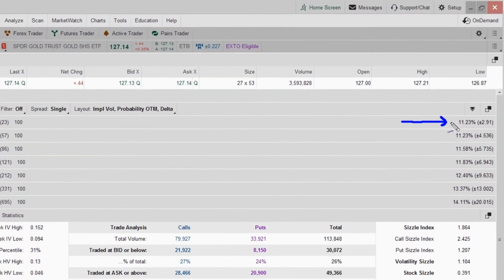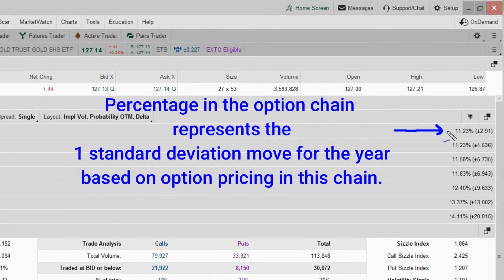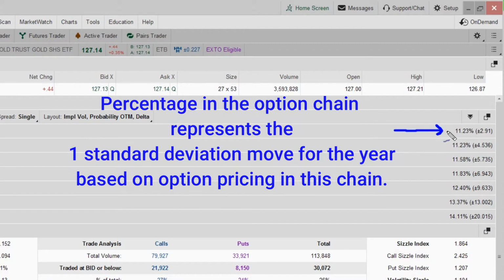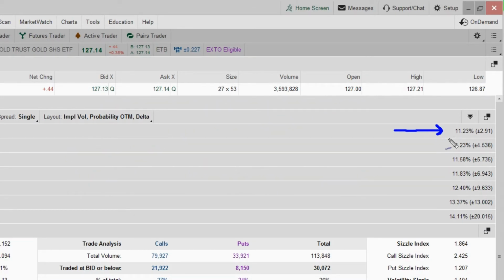So what this number is saying right here, this 11.23%, is a 1 standard deviation expected move annualized over a 1-year period. I know that might sound a little bit confusing, but really it just puts a little bit of context when we're looking at each one of these series of options here. Excuse my drawings there.